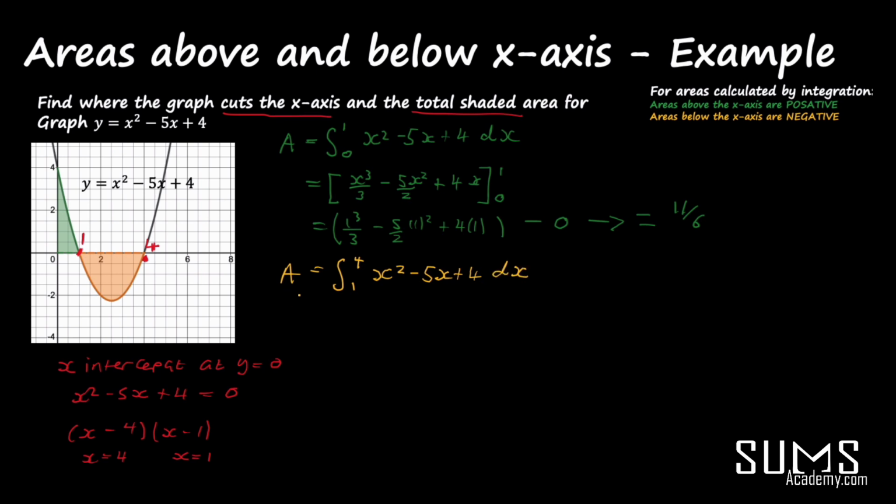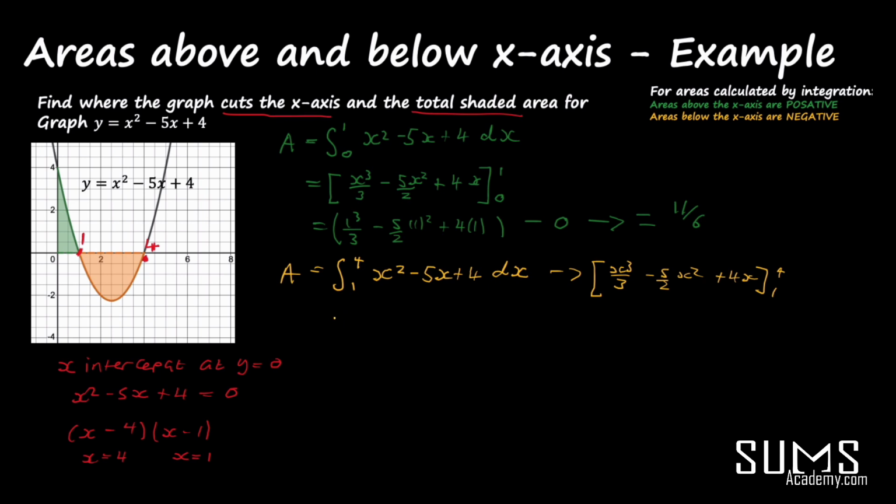Again, we integrate the exact same way. So this will go to x cubed over 3 minus 5 over 2 x squared plus 4x between 1 and 4.